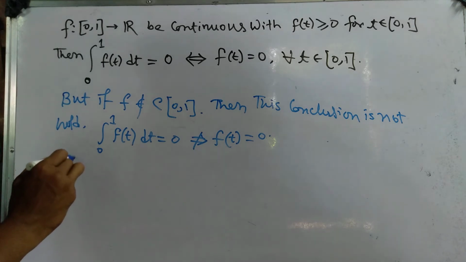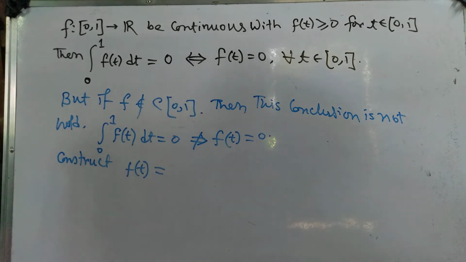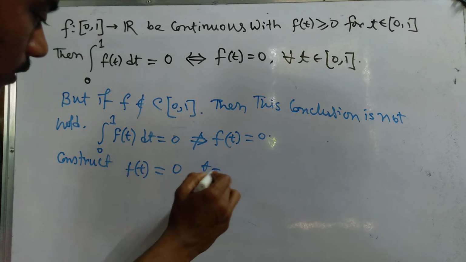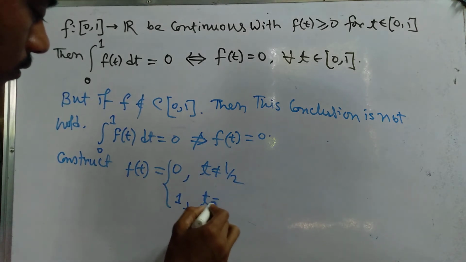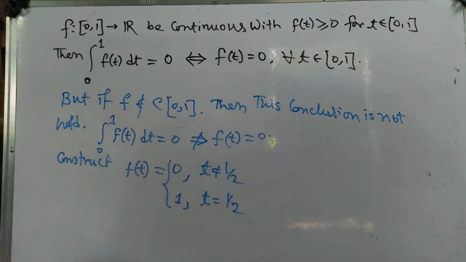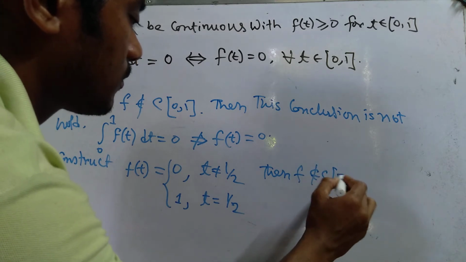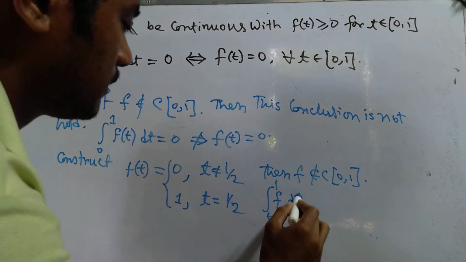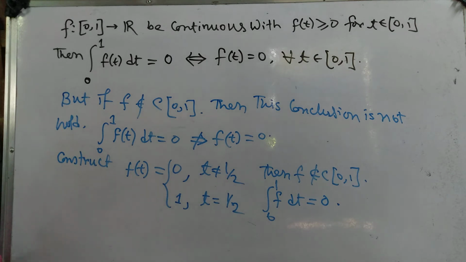We construct f(t) equal to 0 when t is not equal to half and 1 when t equals half. Then f does not belong to C[0,1] and the integral of f from 0 to 1 equals 0. So this portion is done.